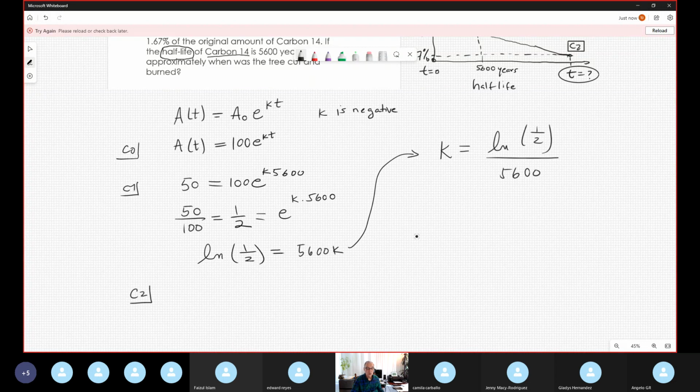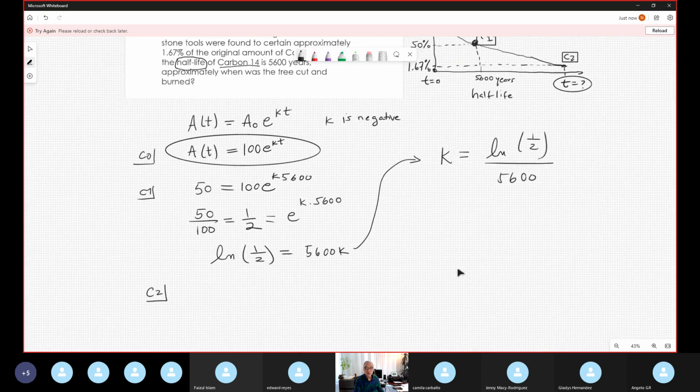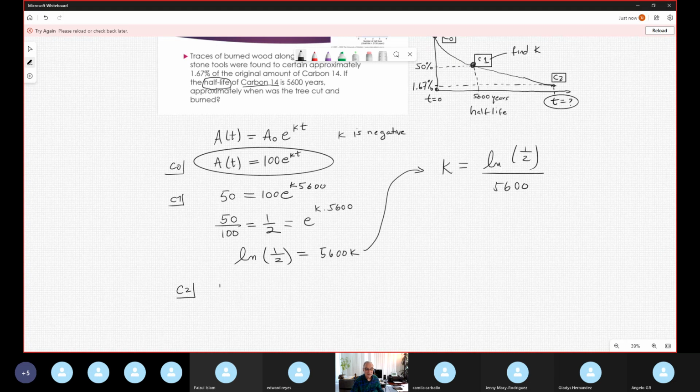In condition 2, we're using the same formula, but I know that the amount of substance in condition 2 is 1.67%, equal to 100 e to the k, who is k?